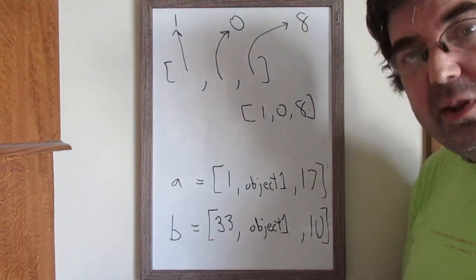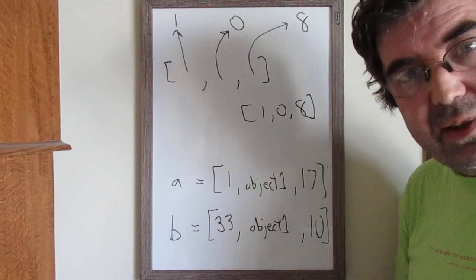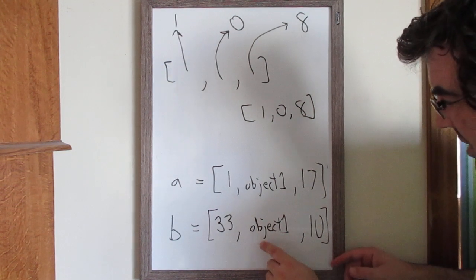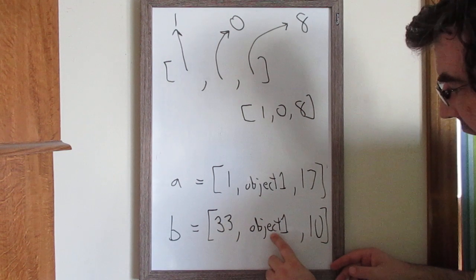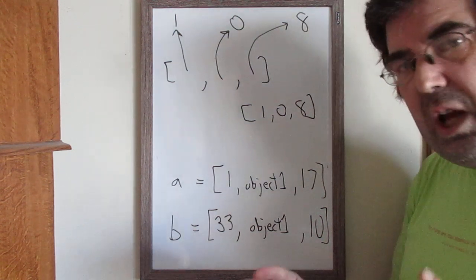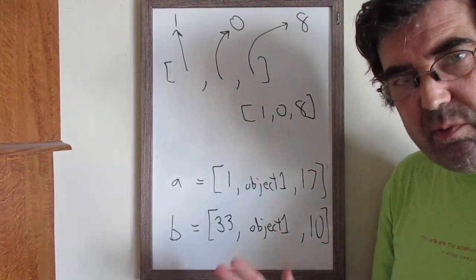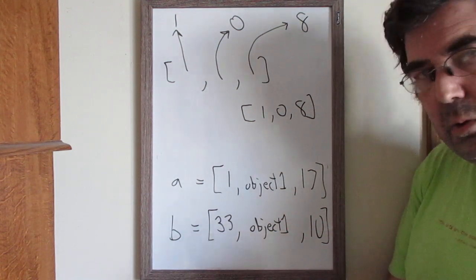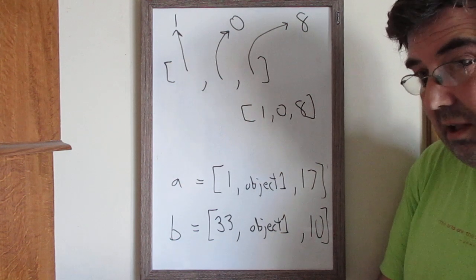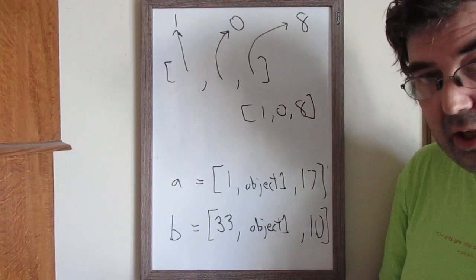The same value, the same copy of the value, because it's the same location on the memory chip. So inside the array B, I have a pointer that points to the same location, the same value, object 1, and the same copy of that value.